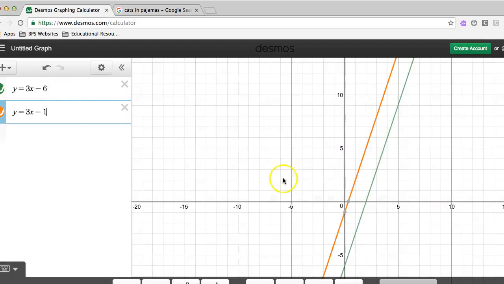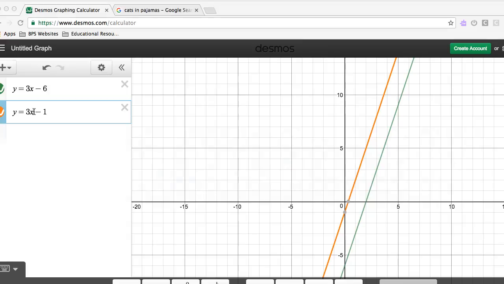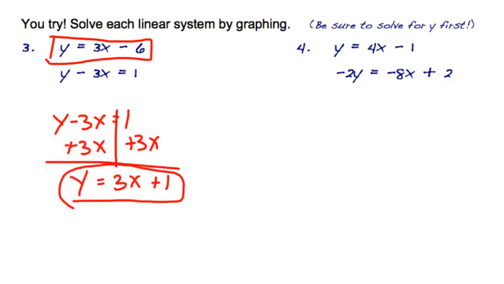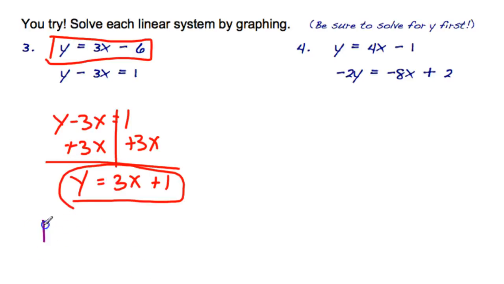There's my graph. I'm looking at it, they look pretty parallel to me, and they're never going to touch. They have the same slope, so that means we have no solution.